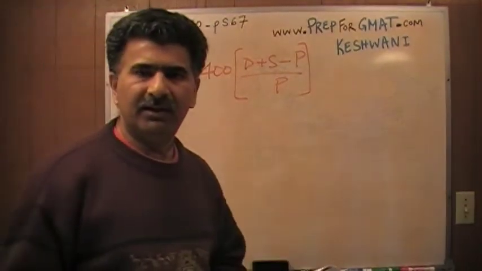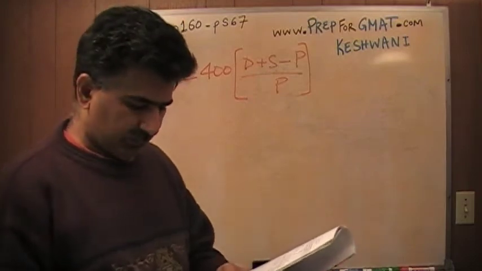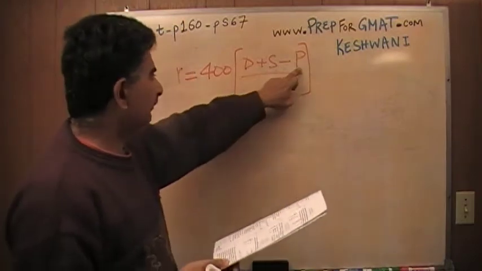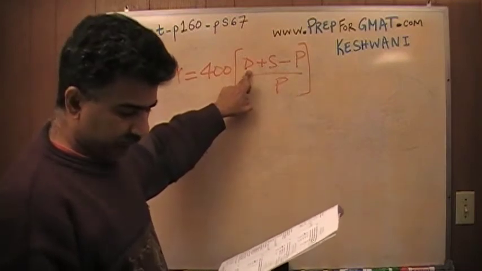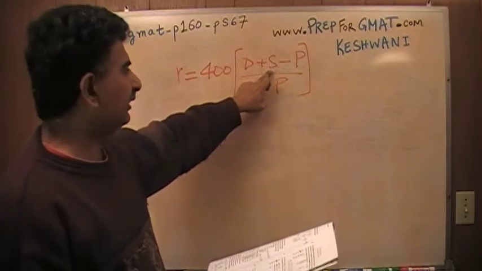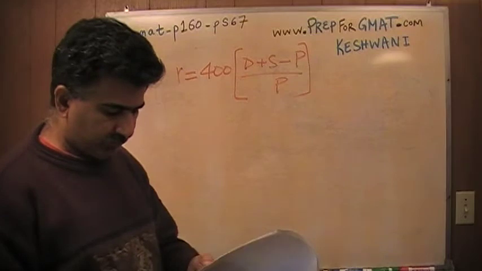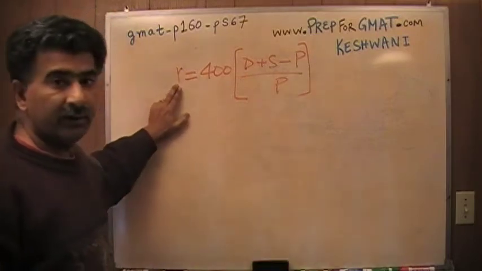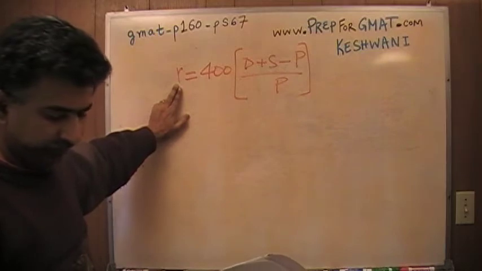All you have to do is plug in the values of the variables that they give you, and that's it. So P is the purchase price of the stock. This is what you're buying it for. D is the dividend that you're going to receive on the stock. S is the selling price, the price at which you're going to sell the stock, and that's all it is. R, of course, is the rate of return, which is what they're calling the yield or rate of return, whatever you want to call it.